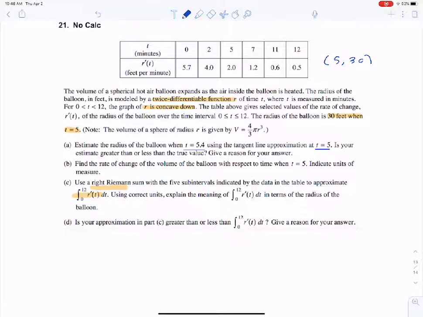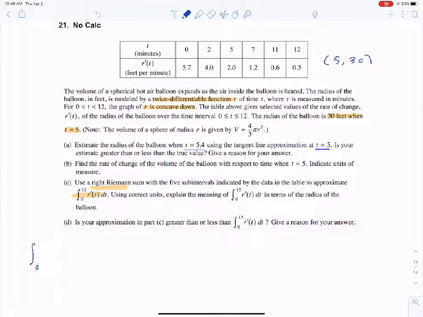Remember in this case what we're doing is using right hand side rectangles to approximate our area underneath the curve. To find the area of a rectangle, it's base times height. Actually, let me backtrack just 1 second.